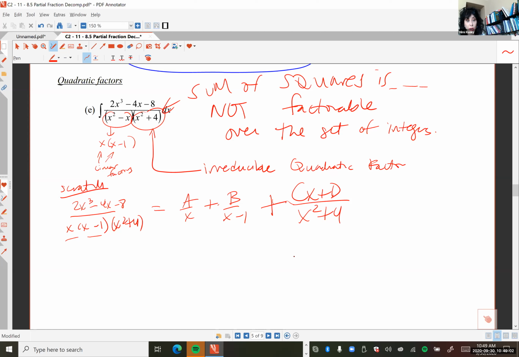So his numerator has two unknowns, a C and a D. Yikes. And when we get the C and the D, we're going to have to use the split up trick to be able to integrate that last term. So it's going to take us some time. Okay, so I want to tee this up to let you know what's going to happen here, because it's going to be some algebra that's going to be from hell.